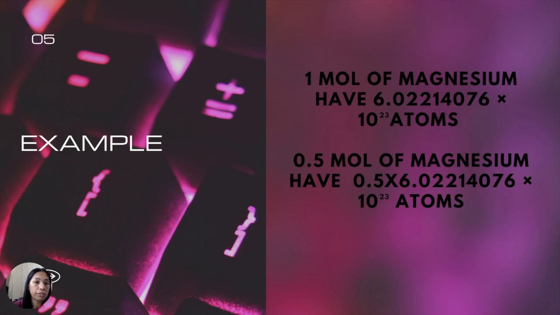So 0.5 mole of magnesium, you just times 0.5. This is not actually a formula, this is from your understanding. If 1 mole is this much, and you have a different value, you times with that value. There's no fixed formula, it's just your understanding.